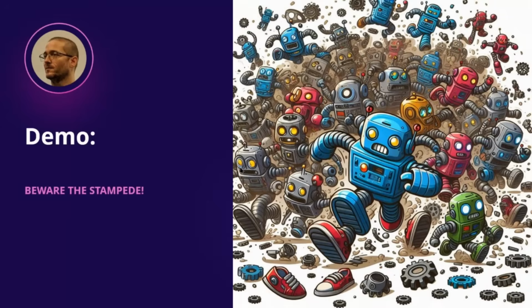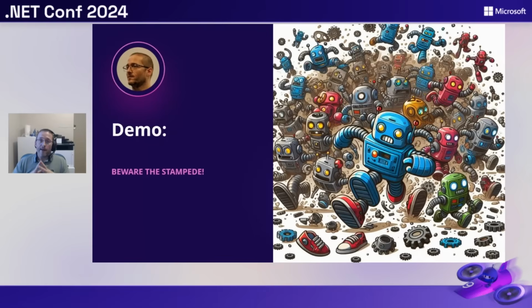So what's that? Normally, if we just have one request come in and we get a cache miss, so that value isn't around, that's fine. We'll just pay the cost, we'll go down, do the work, store it into cache, and everything's fine.